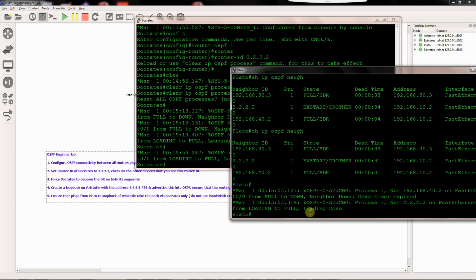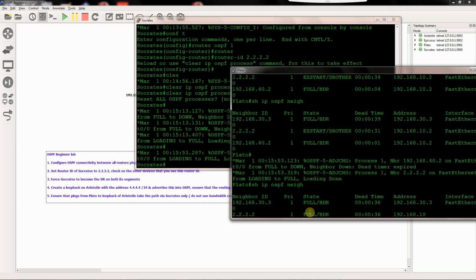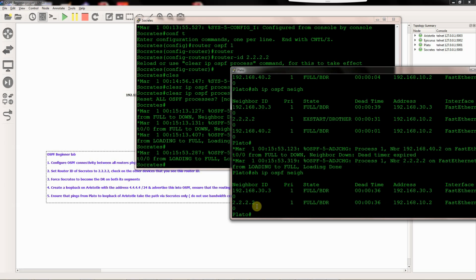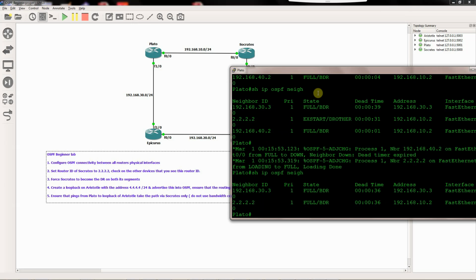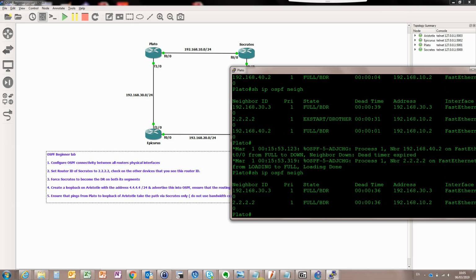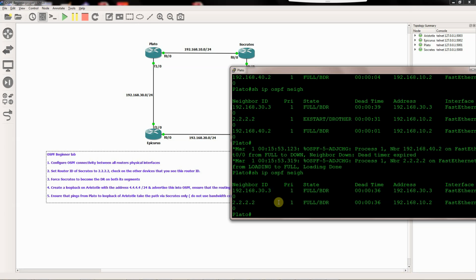It took a little bit of time, and as you can see, you now have 2.2.2.2 being announced as the neighbour instead of 40.2. So we can see that the correct router ID is now being advertised out via Socrates.